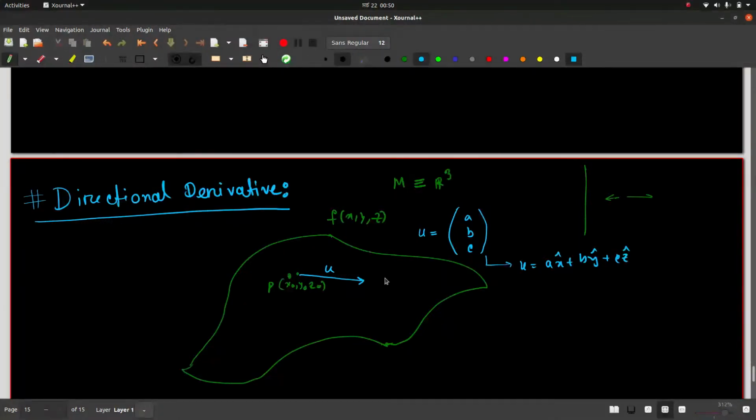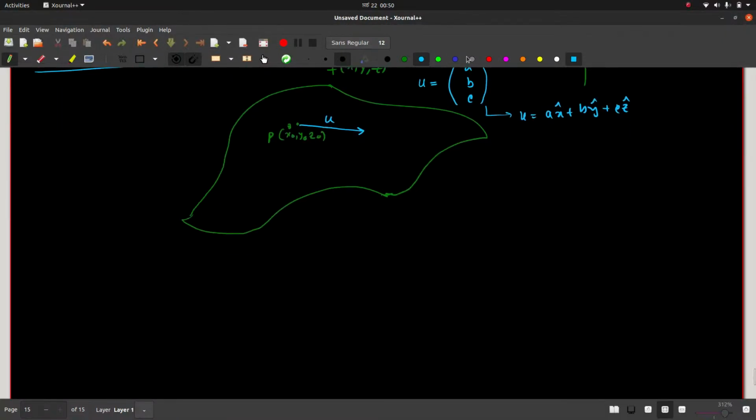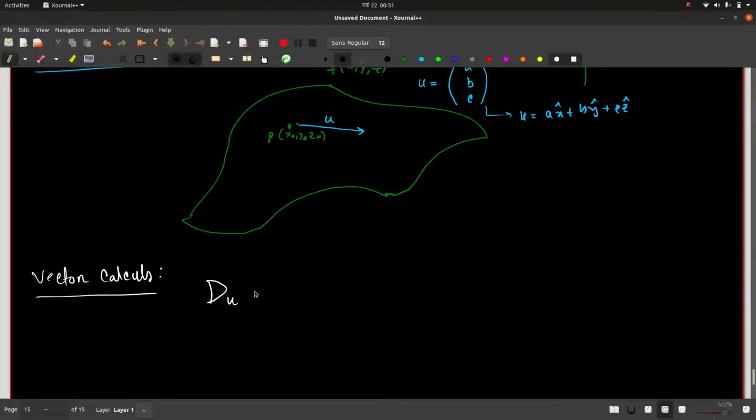Now the formal mathematical definition that people usually see in their vector calculus course is something like this. This will be the vector calculus definition of the directional derivative. It is denoted most of the time as capital D_u, where u means along the vector u, that is, in the direction of u.